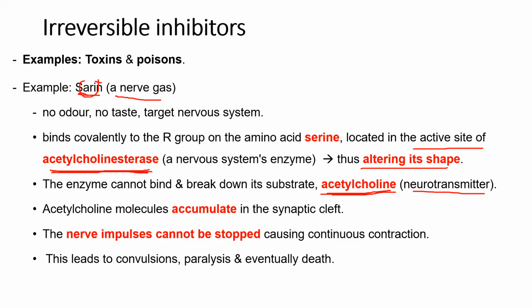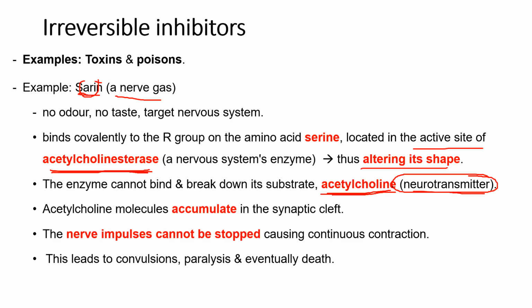You have to know first the function of acetylcholine: it allows an impulse to be transmitted from one neuron to another neuron until the impulse reaches the muscle cell and causes the muscle cell to contract.